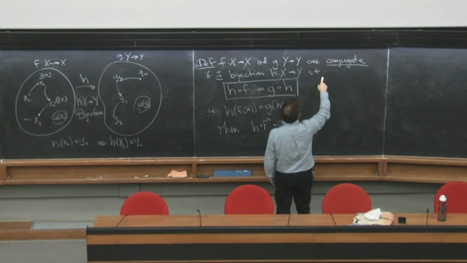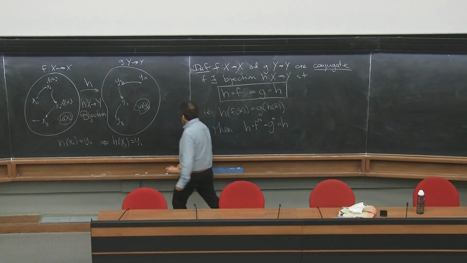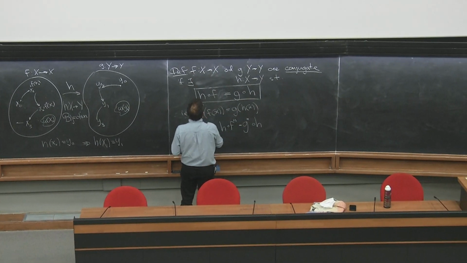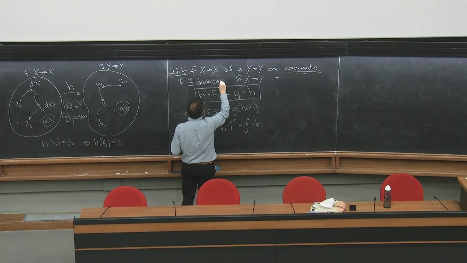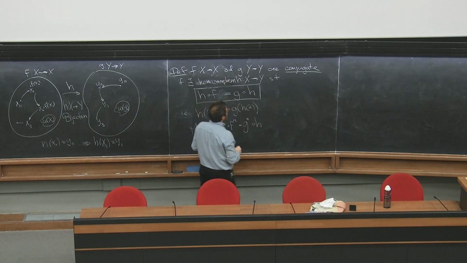So how can we change that? Well, we could change this from being a bijection to being a homeomorphism. Which is a stronger condition.